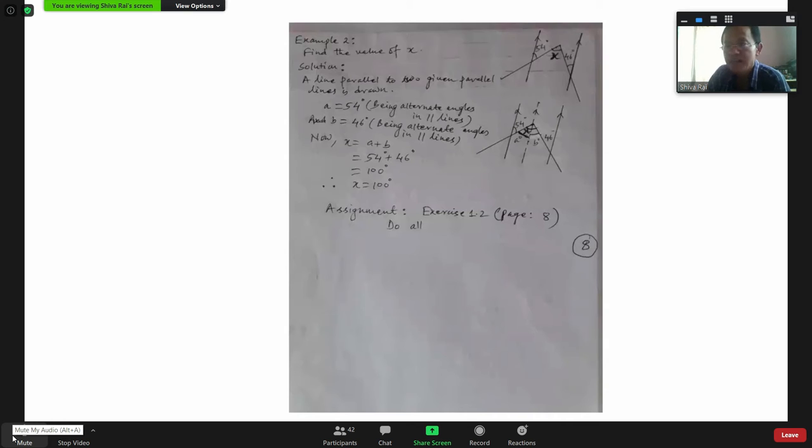Is angle 5 equal to angle 4? What do you think? Is angle 5 equal to angle 4? Yes, sir. Everyone says yes. Alternate angles.